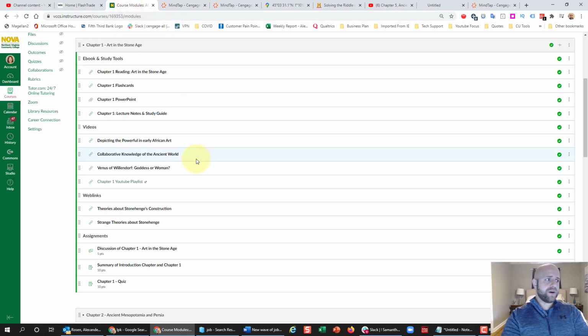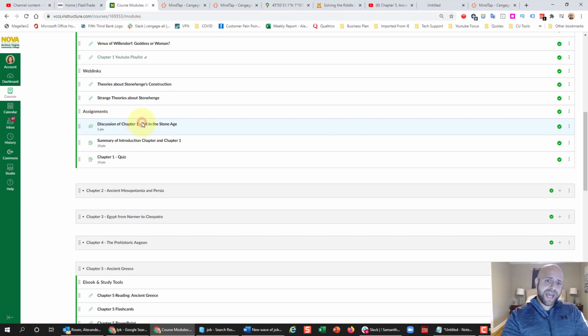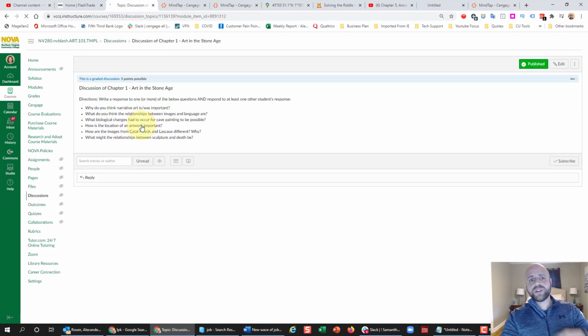Now, what about our summative assessments? Well, in terms of higher level on Bloom's taxonomy, there were included discussion boards at the chapter level where the students could speak to specific items regarding the chapter. They would pick a response to one or more of the questions and respond to at least one of the other students' responses.